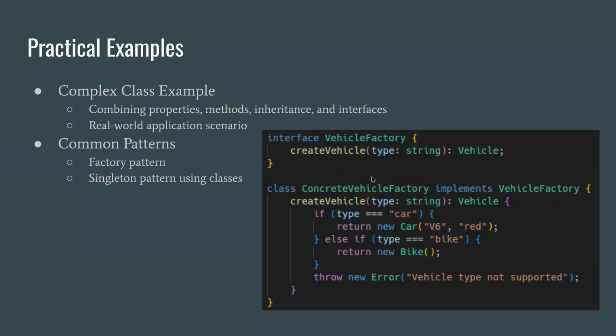So ConcreteVehicleFactory implements this VehicleFactory interface, and what happens is it looks at the string type, and if it's a car, it's going to return a new Car. If it says bike, it's going to return a new Bike.